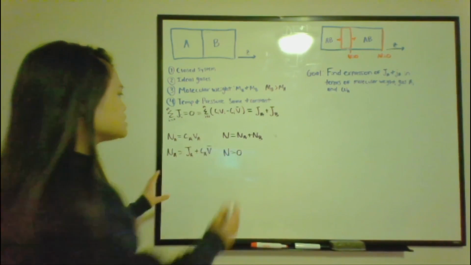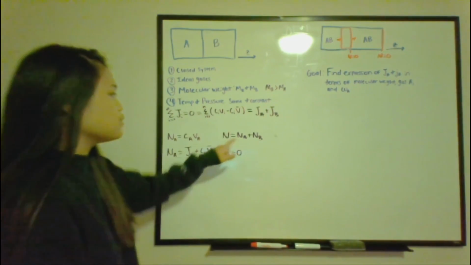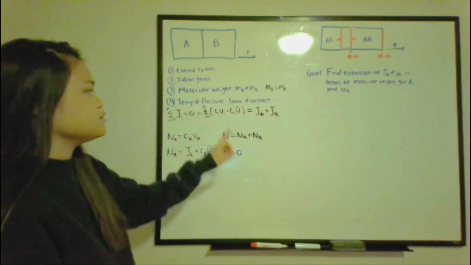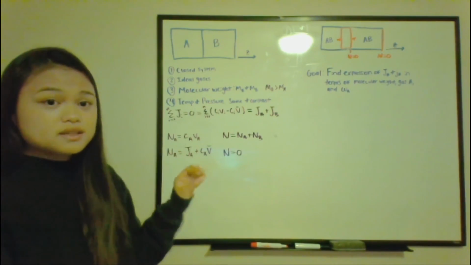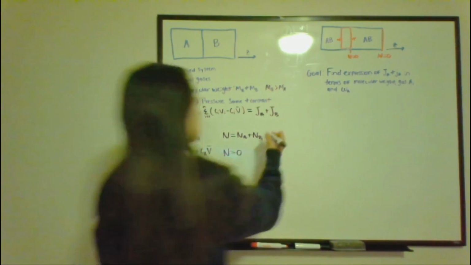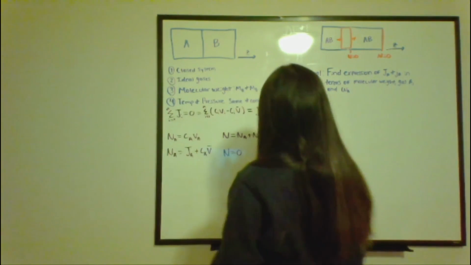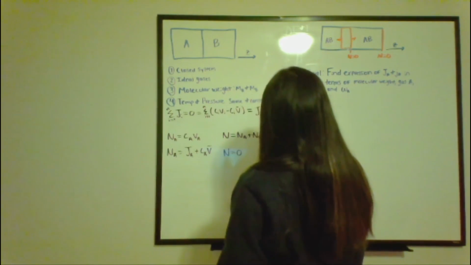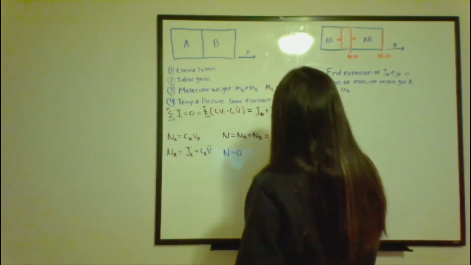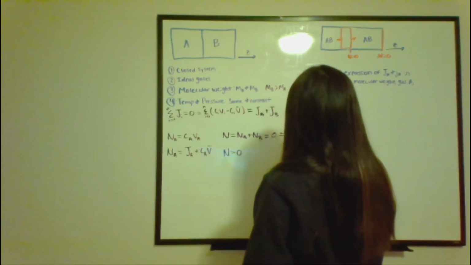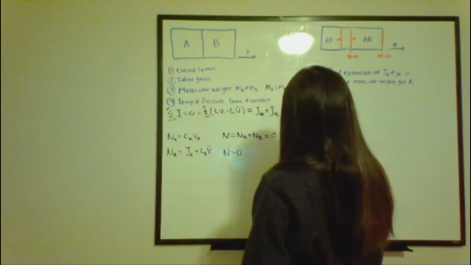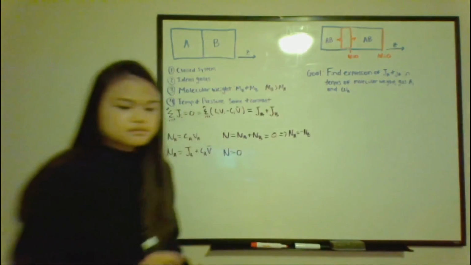So then that also means that I can rewrite the molar diffusive flux of A plus the molar diffusive flux of B to equal the net molar flux, which equals 0, to be the molar diffusive flux of A equals the negative molar diffusive flux of B.